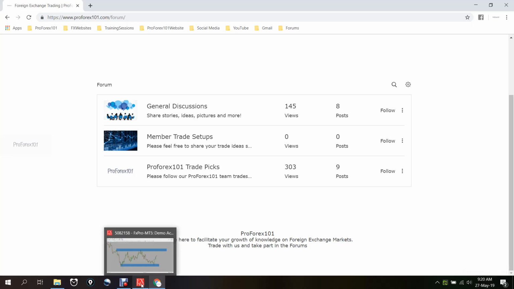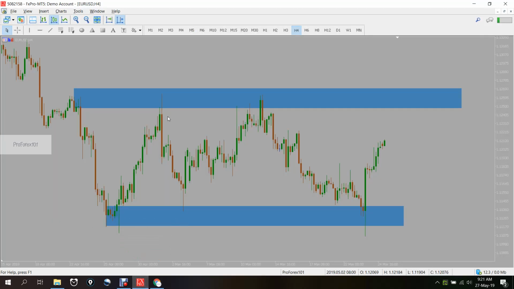We will be doing the post-trade analysis for the euro dollar trade that we had followed last Friday. So what we had seen was a range.